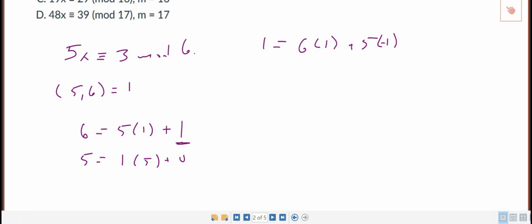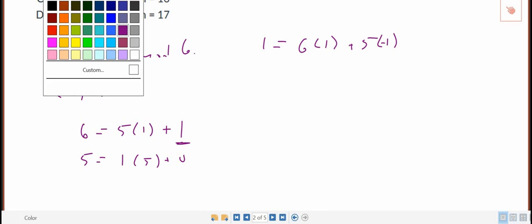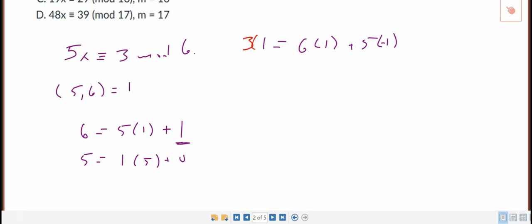Now this needs to be equal to 3. So multiplying both sides by 3, 3 equals 3 times 6 plus negative 3 times 5.